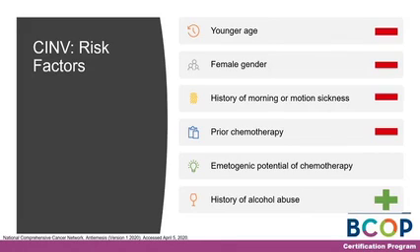We know that faster infusions of chemotherapy put patients at a higher risk of nausea and vomiting than prolonged infusions. And then finally, it's interesting to note that patients who have a history of chronic alcohol abuse are actually protected against a lot of the effects of chemotherapy-induced nausea and vomiting.